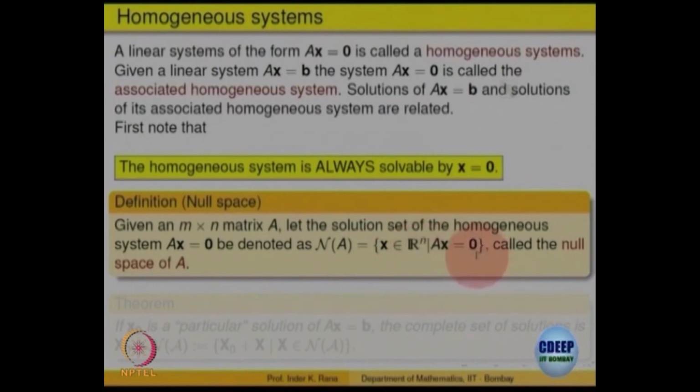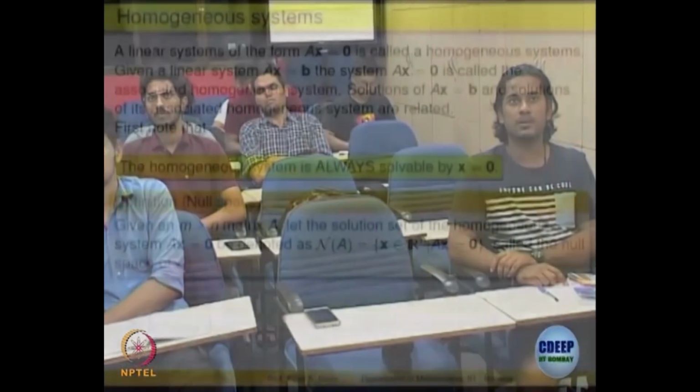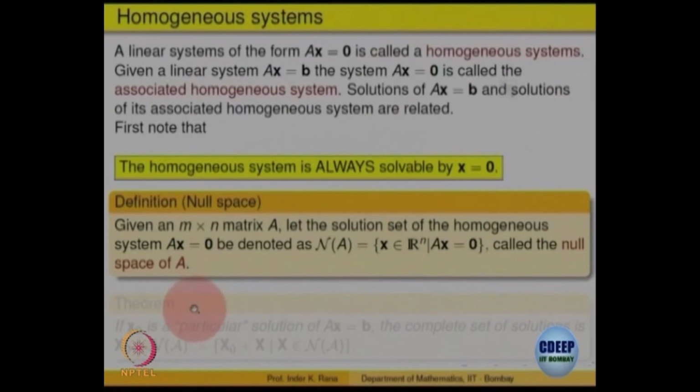So, collection of all vectors which are killed by A, you can think of it that way. That is called the null space of the matrix A, right, and that is same as the solution space of the homogeneous system Ax is equal to 0, right. In terms of set theory, we call it the null space denoted by N of A, right.